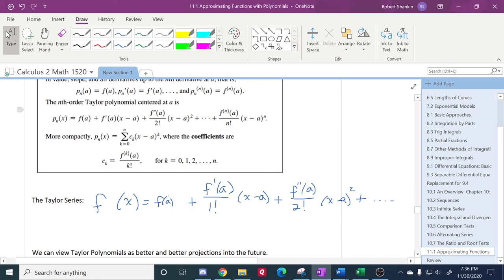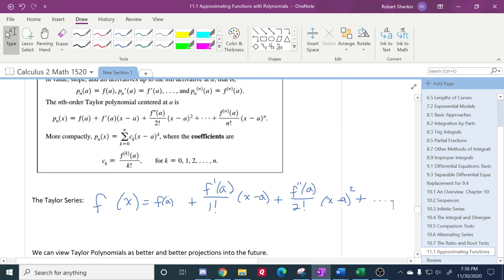That's the Taylor series. If this was sine of x, we'd put all those different values in there, and this would converge to sine of x.